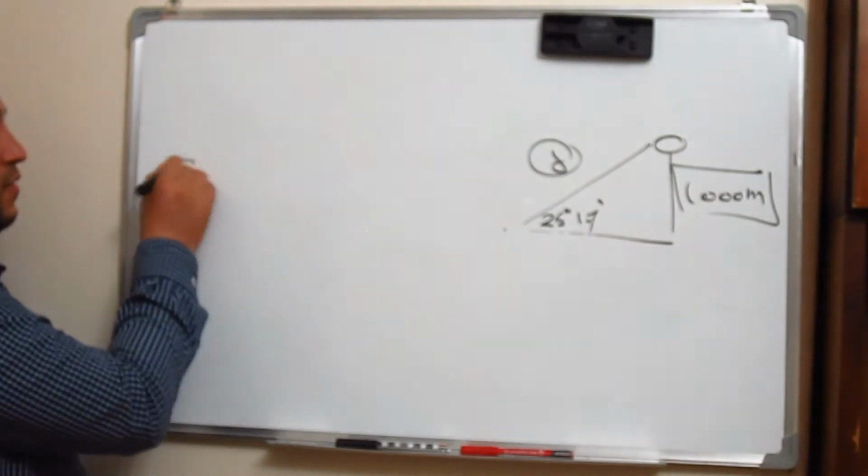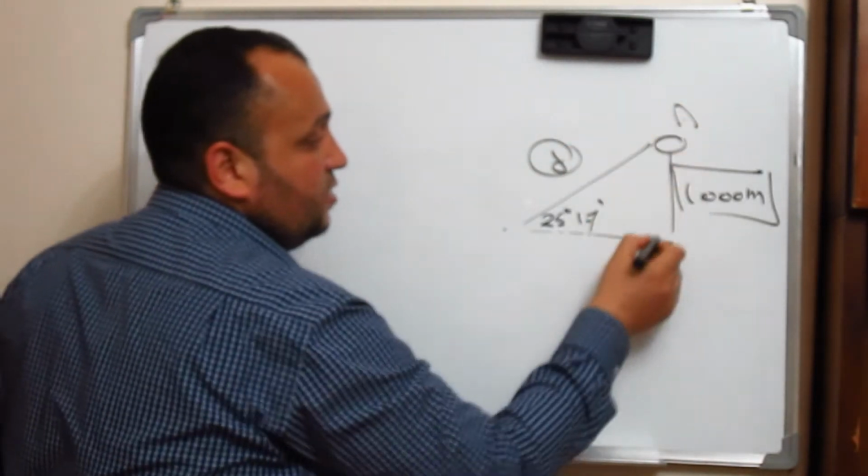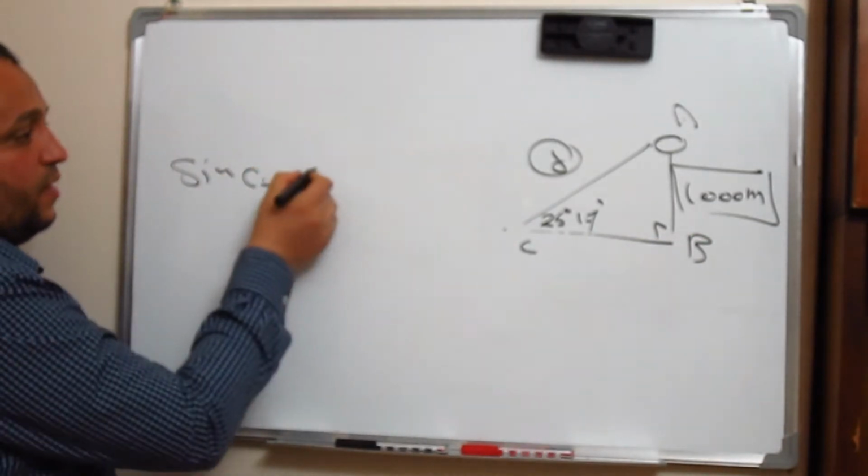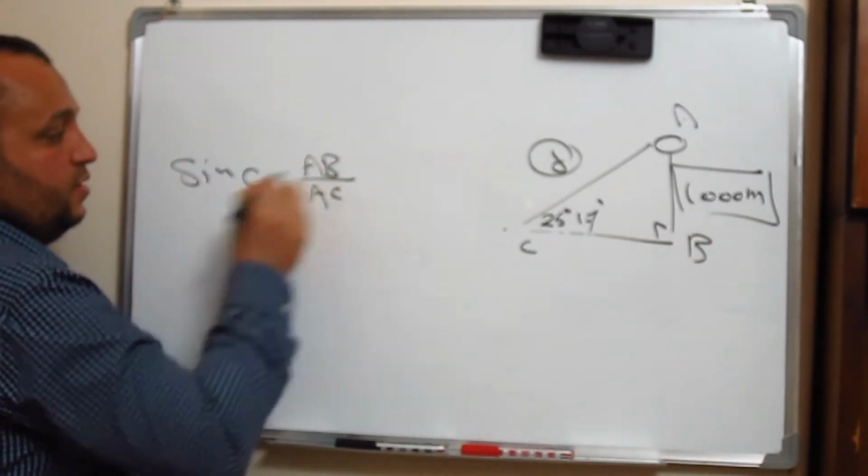The sine برضه هنسمي الانجلز بتاعتنا لو احنا عايزين نشتغل A B C. Sine C equals AB over AC.